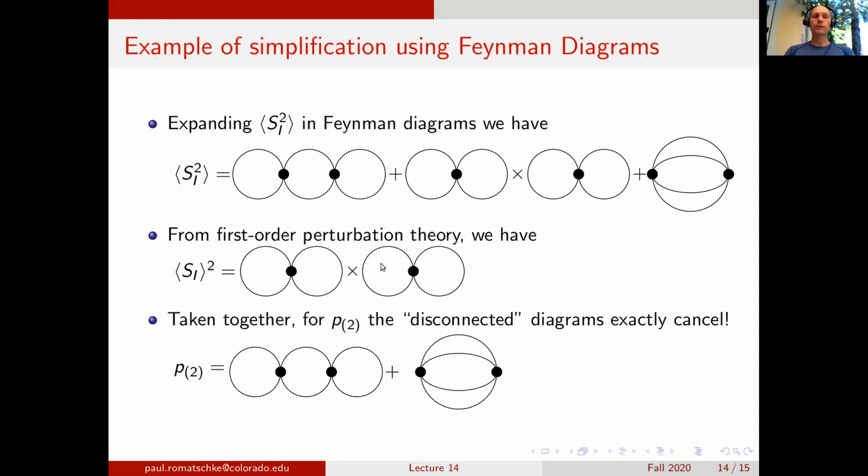Now, if we put these two together, remember that there is a minus between these two terms. So that means that this disconnected diagram that is present in the expectation value of the action squared exactly cancels against the square of the expectation value of the action. And we only have connected diagrams left. So these are these three loop and something that is sometimes called a basketball graph.